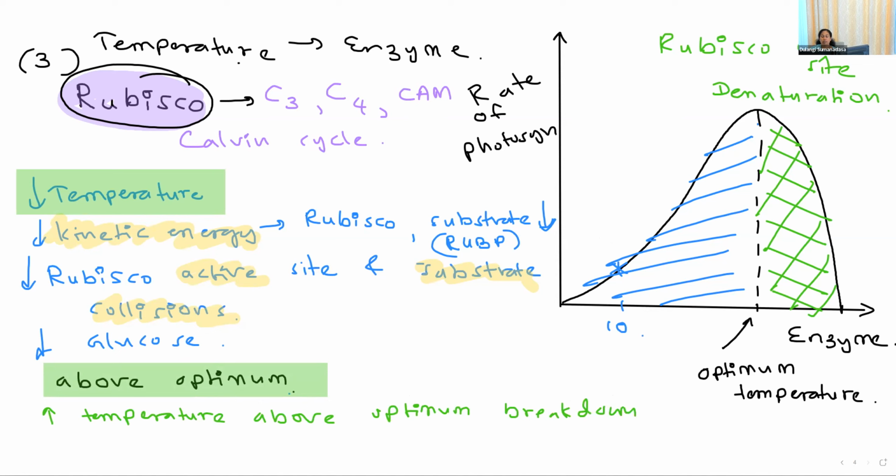So if you remember the bonds, you can talk about the bonds, right? So Rubisco is an enzyme. It needs to have the hydrogen sulfur bonds, but a very high temperature is going to break down the hydrogen sulfur bonds. So because of the bonds breaking down, the Rubisco is going to lose its active site.